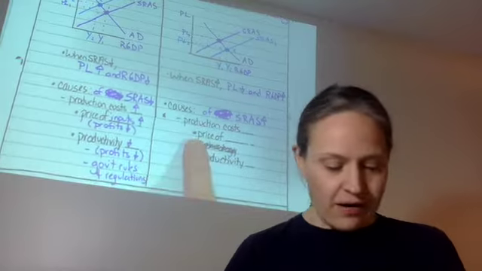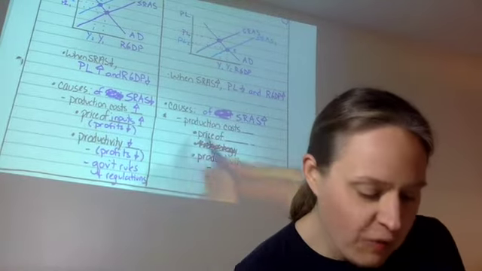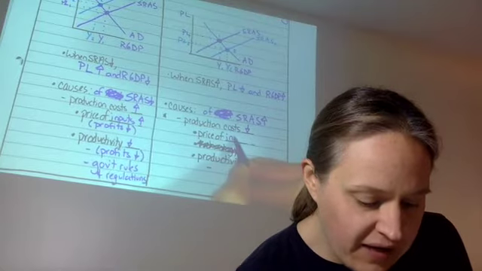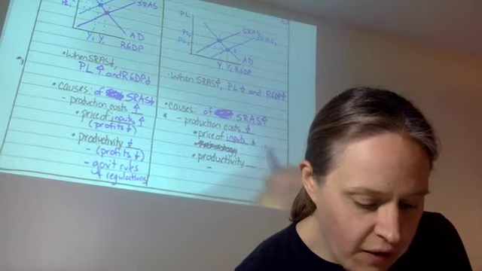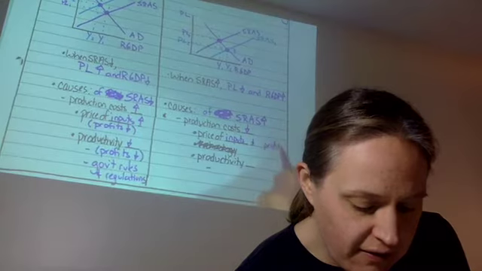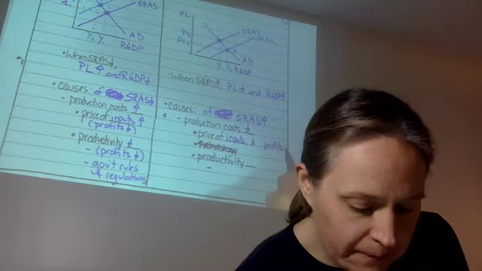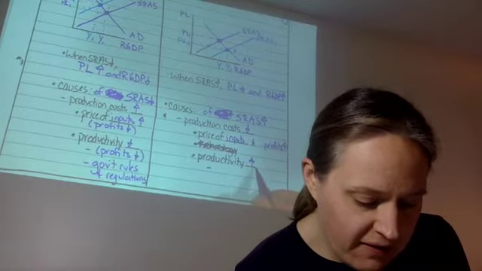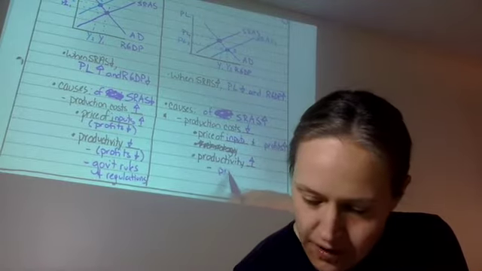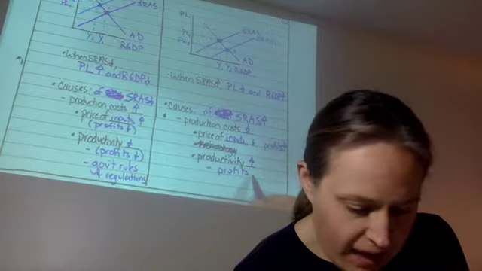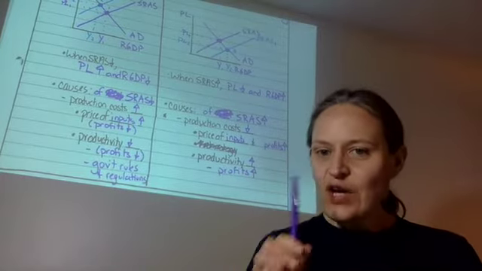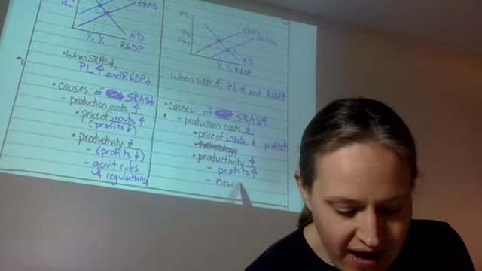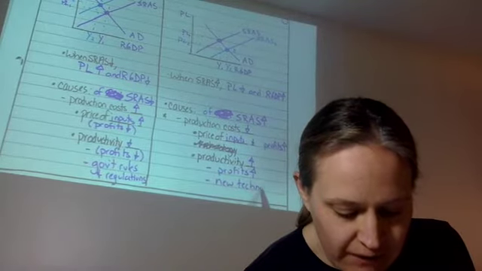All right, over here, so this would be the opposite. So if production costs go down, that means the price of the inputs go down, which means that profits go up. And then if productivity goes up, that means that profits go up. And productivity going up is often caused by advances in new technology.